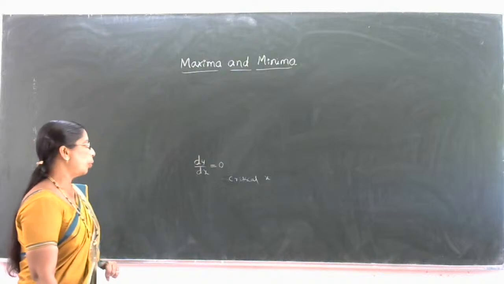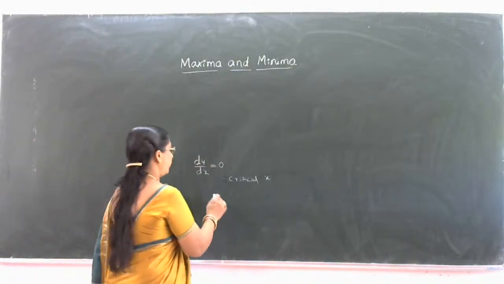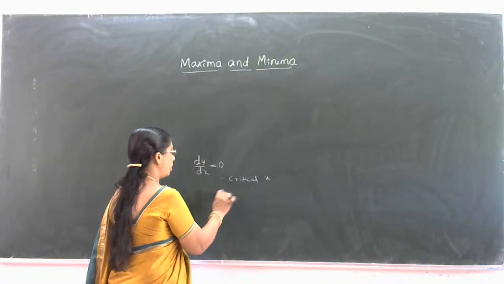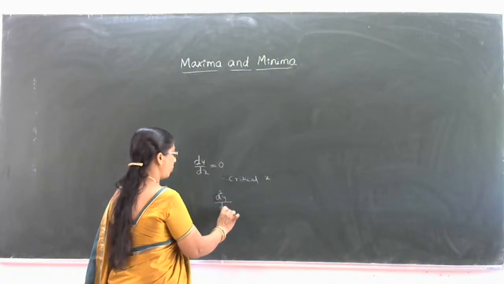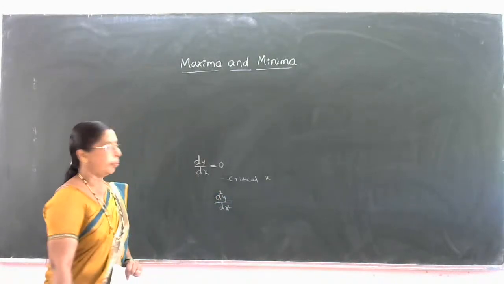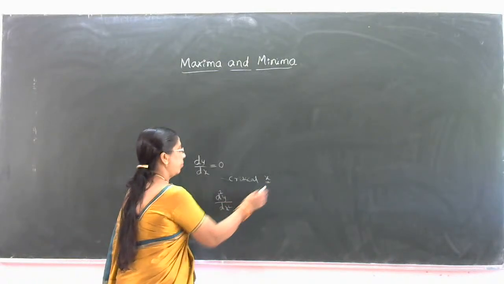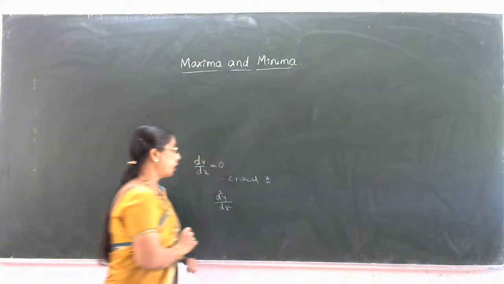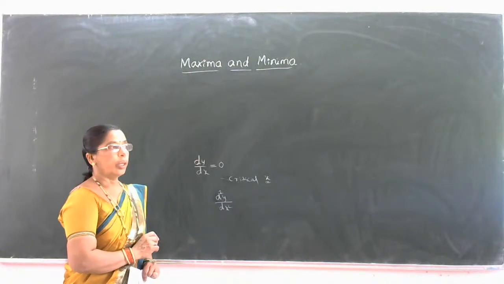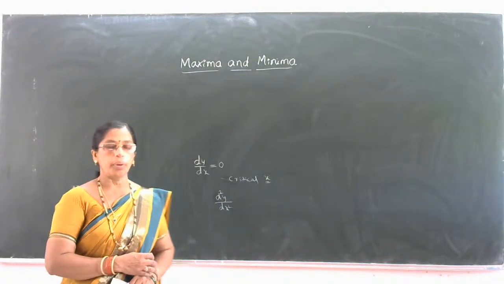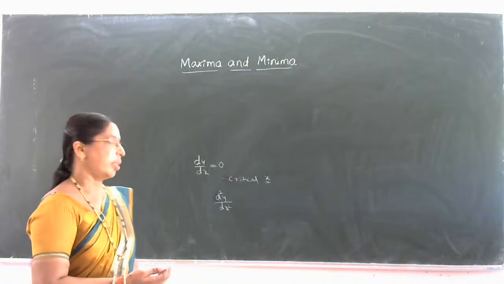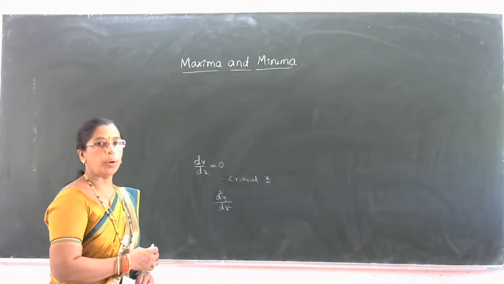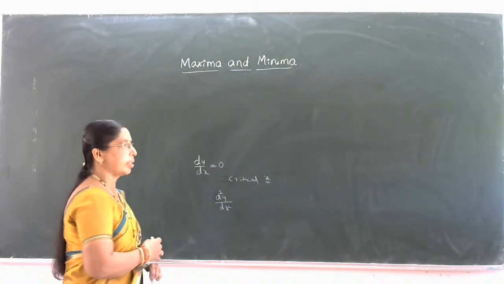Then you find the second derivative of the function. Then find the second derivative at the critical points. If it is less than 0, maxima exists. If it is greater than 0, minima exists.